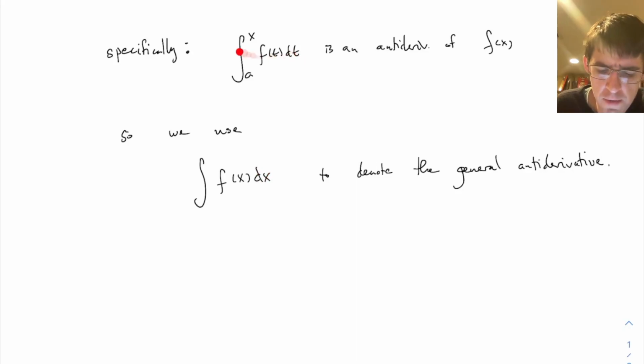In a definite integral, you can imagine the dx represents some kind of small width of the tiny little rectangles. But in this kind of thing, this just means the antiderivative. It denotes the general antiderivative of f of x. And this is called the indefinite integral.